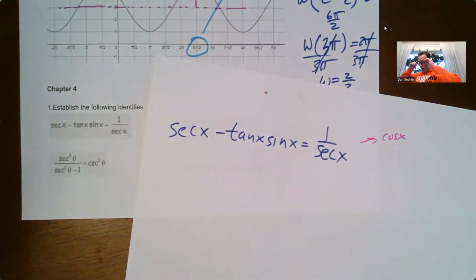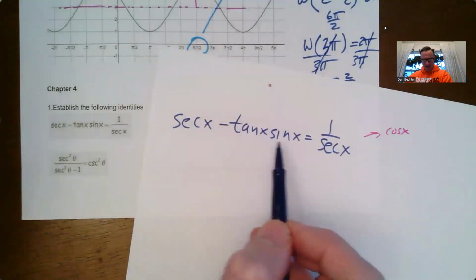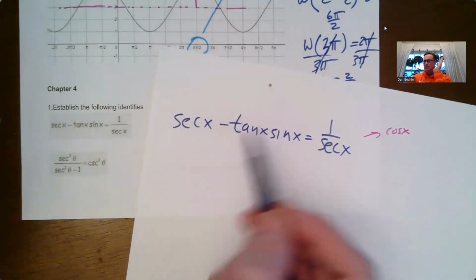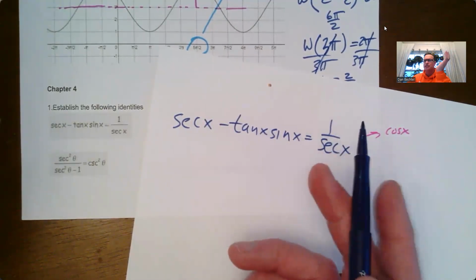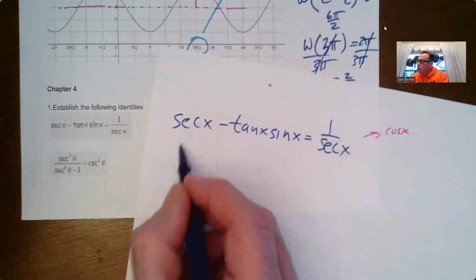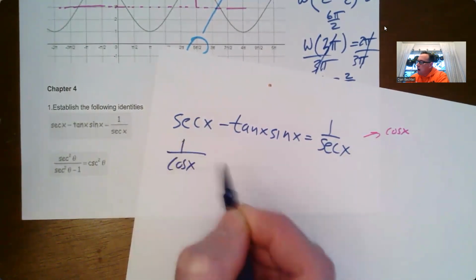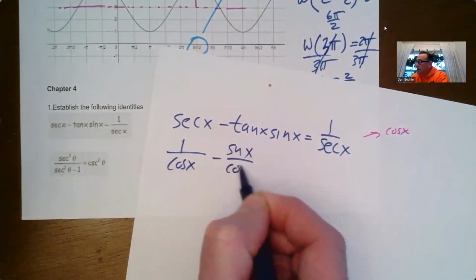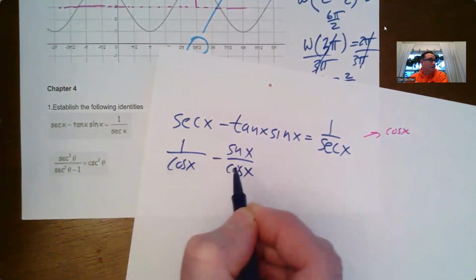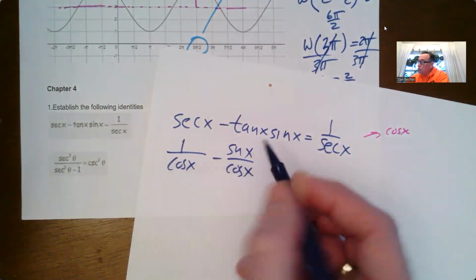What I would do is look at the left and say, all right, we've got secant, tangent, and sine. This doesn't really fit anything we have right now. So let's just throw it all in terms of sine and cosine and see what we can do. Secant is 1 over cosine. Tangent is sine over cosine. Now, I'll tell you what I love about that: common denominators. That's going to work great.